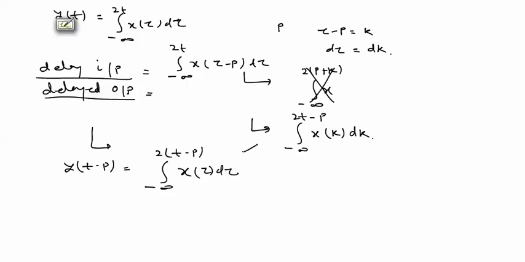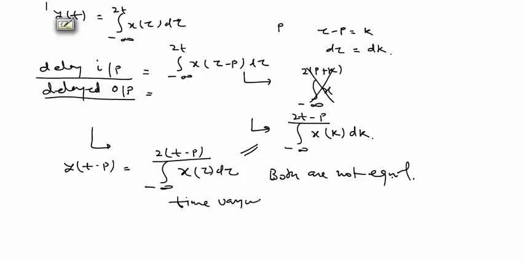Compare these two expressions. Both are not equal, because the limits in the two cases are different. So this is a time varying system. We can check time invariance from delayed input and delayed output.